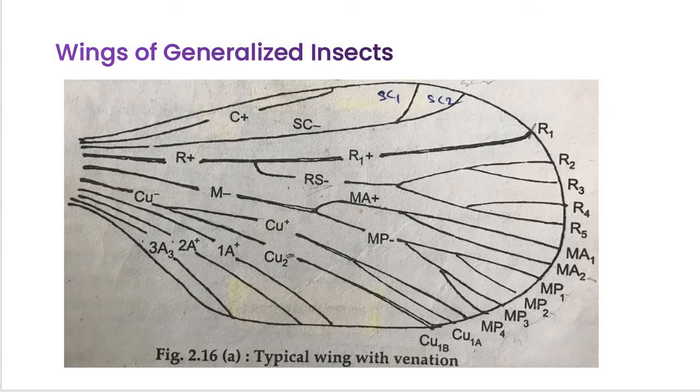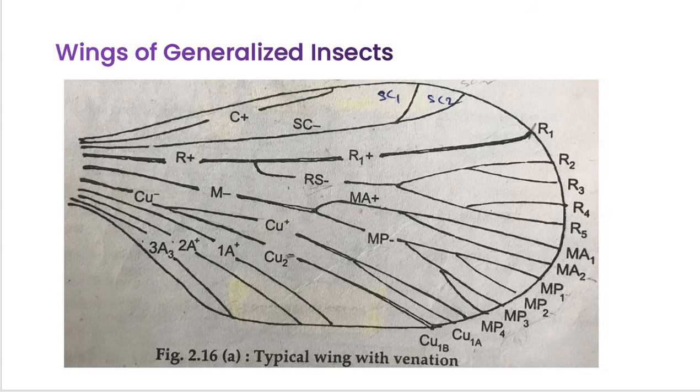we have the diagram of the generalized insect wing. Okay, now here you can focus on the wing venation. So this is the first vein, or the marginal vein. It is called the costa, followed by the second vein of the wing, which is the subcosta.